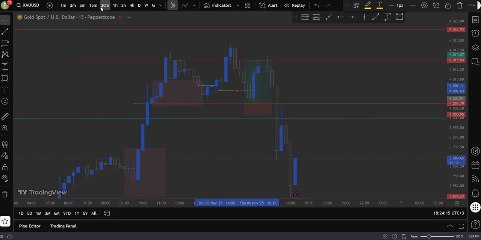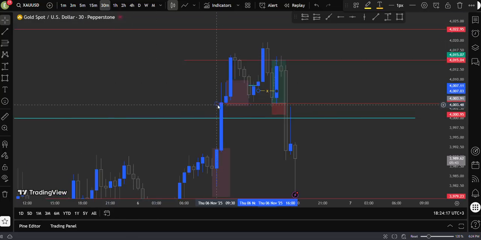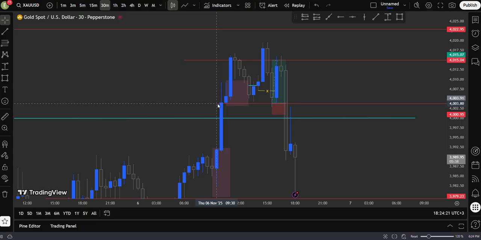I went to the 30-minute time frame and saw this zone here, an open and close gap, which was not fresh. I wouldn't take this open and close gap because it was not fresh. I took this one because it was fresh.